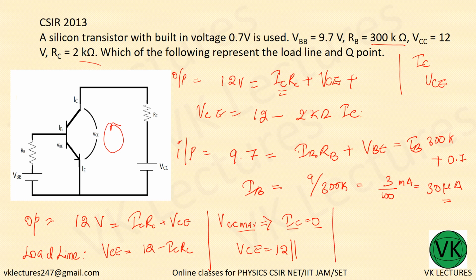Now what happened to IC when VCE equal to 0? IC maximum is when VCE equal to 0. So what is IC maximum?